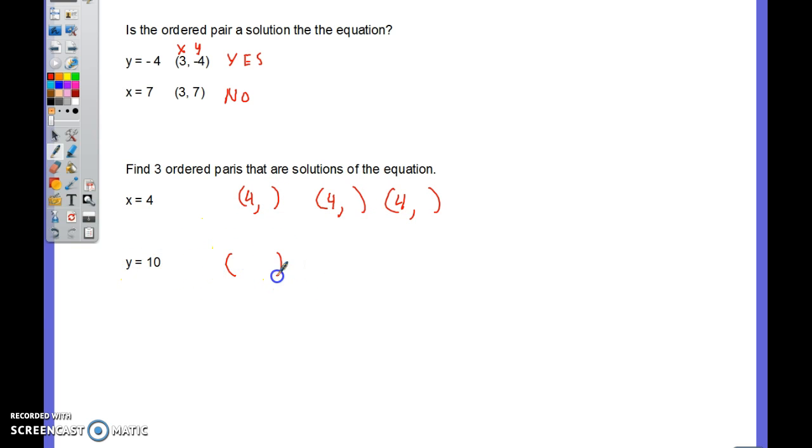If y equals 10, your 3 ordered pairs all have to have y be the 10. So 10, 10, 10, and then you can make up numbers. You can say 0, -2, 3, 1, 2, 3. Doesn't matter there. All I'm looking for is that you understand that the y has to be 10, or that the x has to be 10 in this one, and that you know that the x comes first and the y comes second.